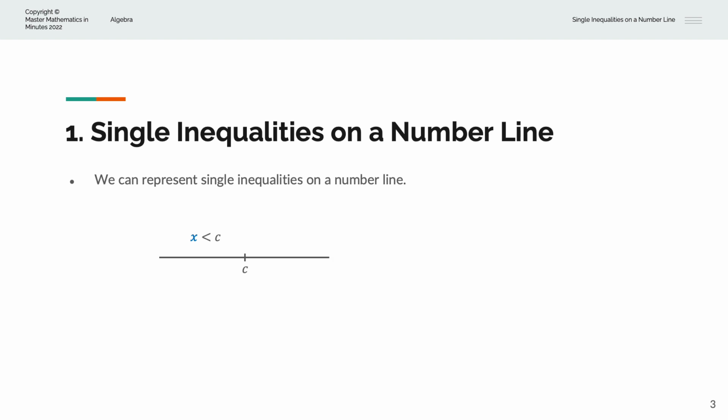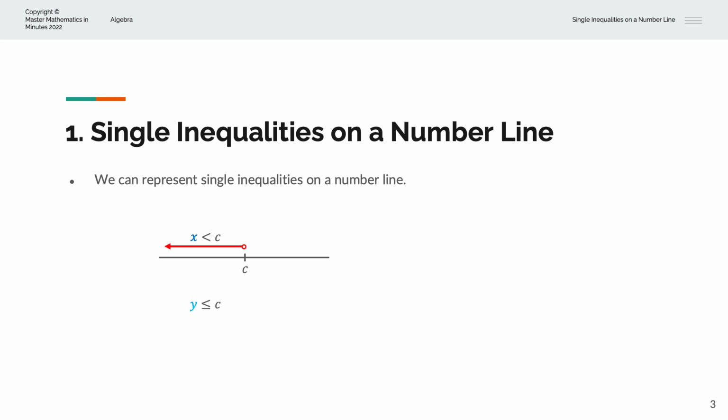We can draw a number line and label a point c, c being a constant. Because this inequality is strictly less than c, we'll have an unshaded circle. And because the inequality is less than c, we have an arrow pointing towards the left. That is how we represent an inequality on a number line.